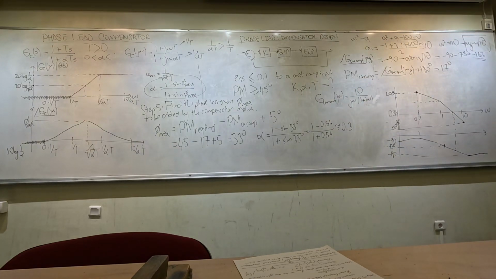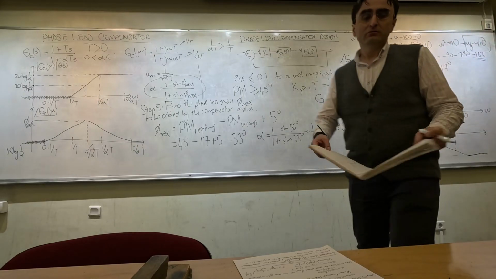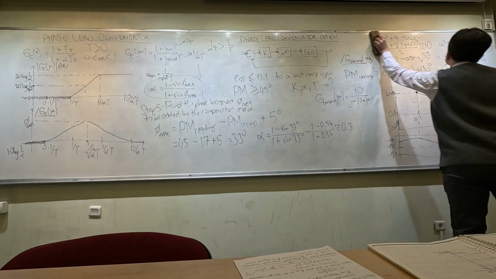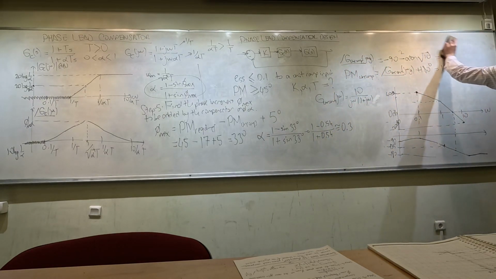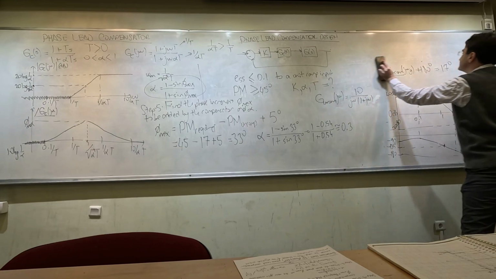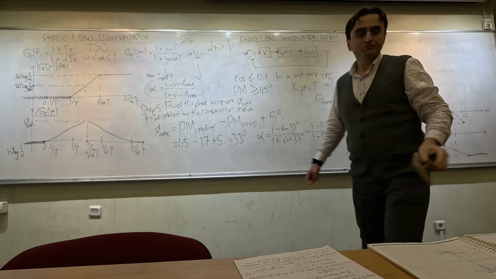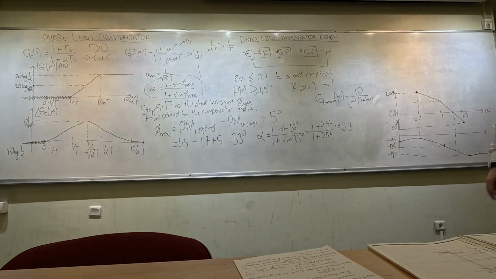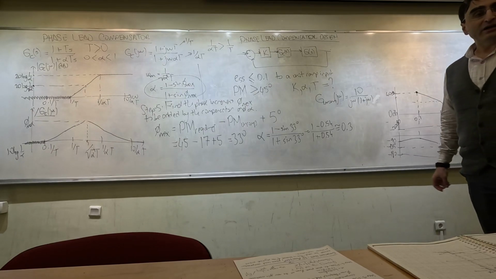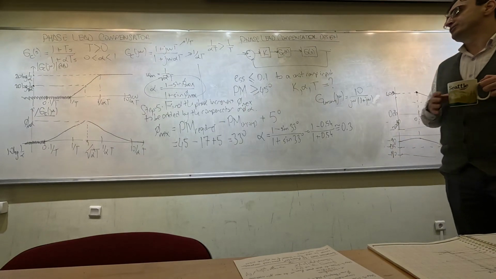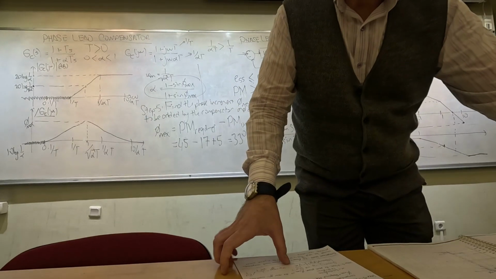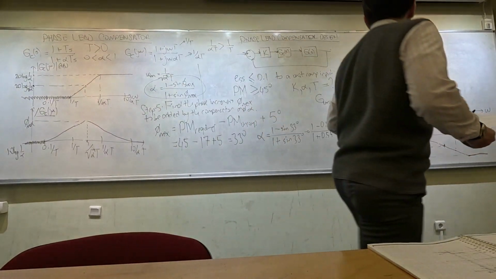This is the alpha value that we get. So now the only remaining thing is to find our capital T value in our design. And that is going to be step 6.